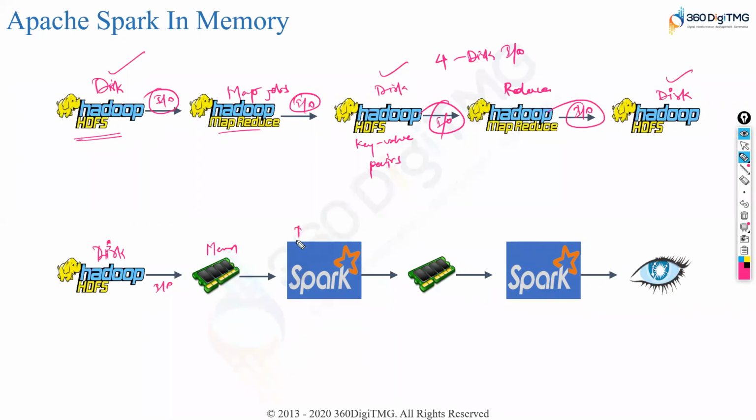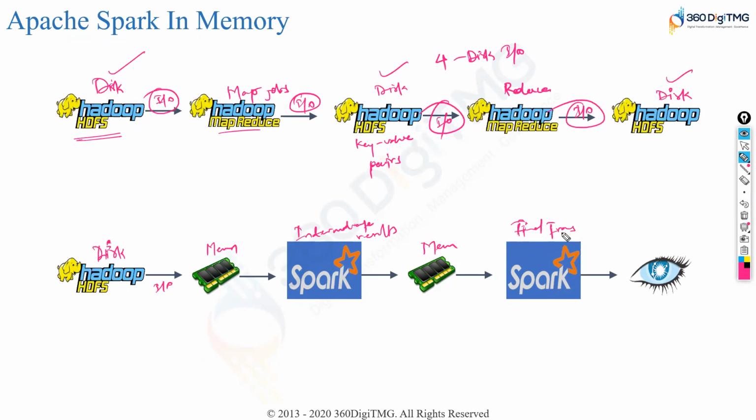So let's say here you are doing intermediate transactions, so again you have memory here. And on these intermediate results, we want the final transaction done.